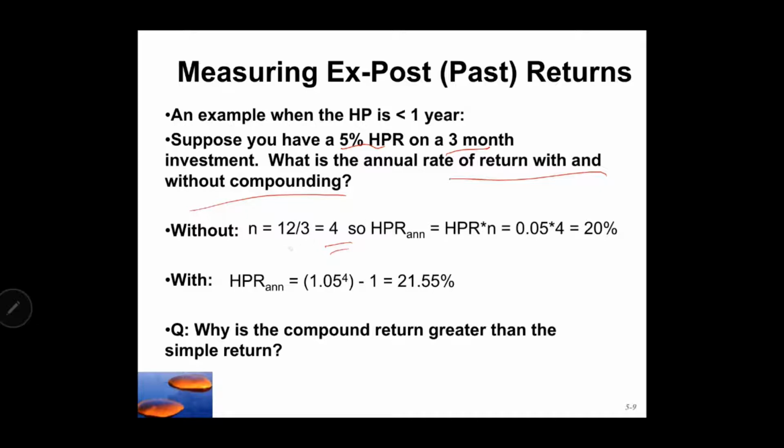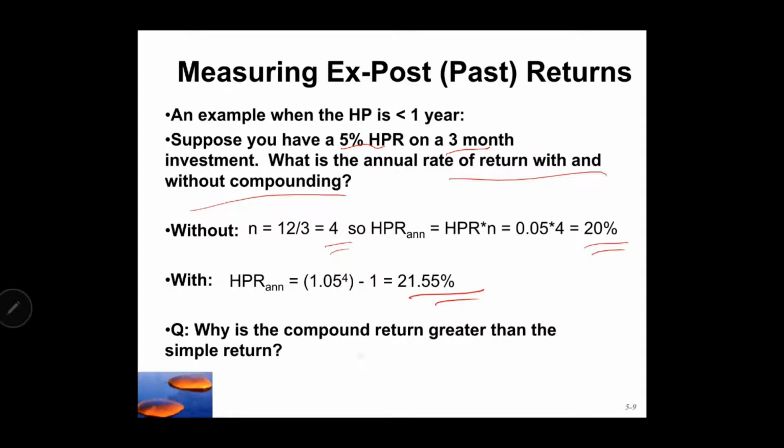Because in a year you have 12 months, so you are holding for 3 months, so 12 by 3, n is 4. So HPR is, you have already 5%, so 5% times 4 will give you 20%. So with annualized compounding, it is simply 1.05 to the power of 4 minus 1 will give you this.